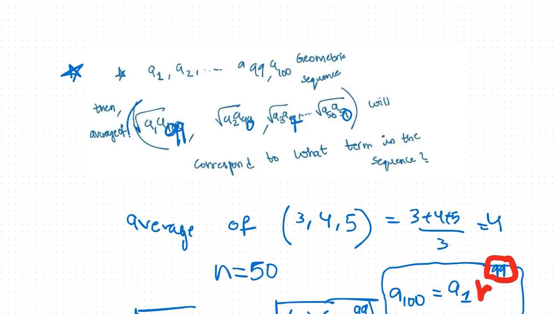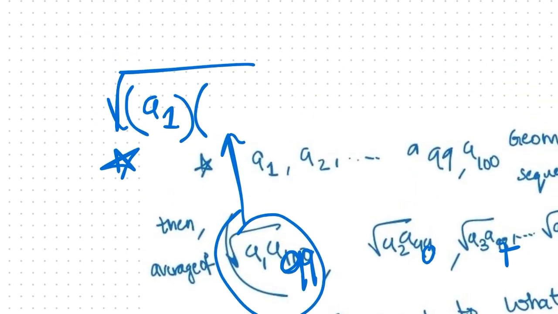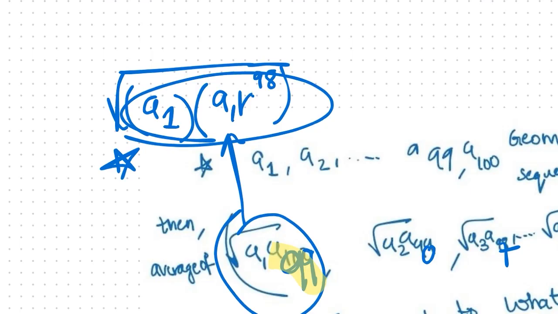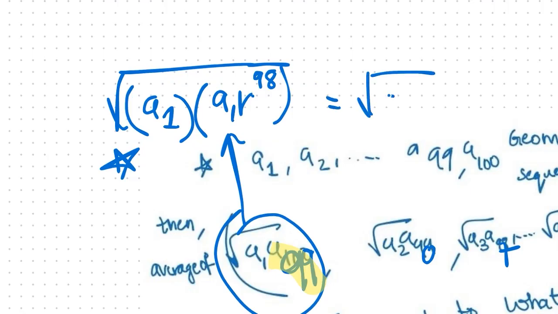Okay, so let us study this first term. The square root of A1 is multiplied by A99, the whole group under the radical. A99 is what? A1 into R to the power 98. So this multiplication overall simplifies to A1 squared times R to the 98.